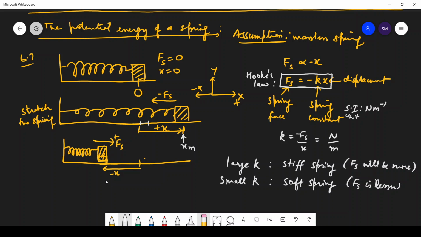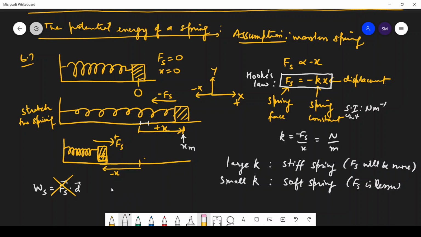Now, what is the work done by the spring force? Work done by spring force means spring force into displacement. Can we use this formula here? No. Why? Because spring force is a variable force.